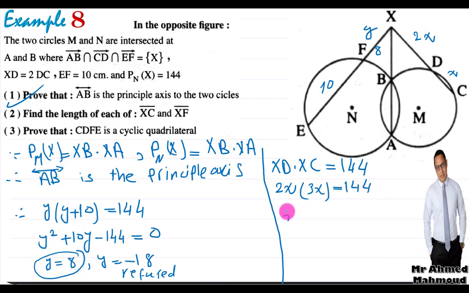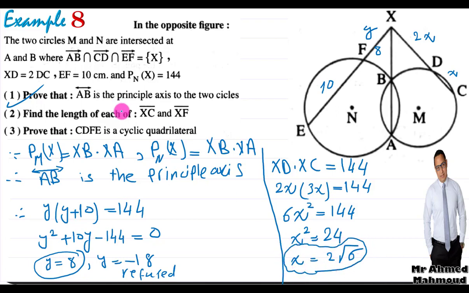So 6x squared equals 144, so x squared equals 144 divided by 6, which equals 24. So x, by taking the square root, equals 2 root 6. This is the value of XC equals 2 root 6. Okay, this is the second part.